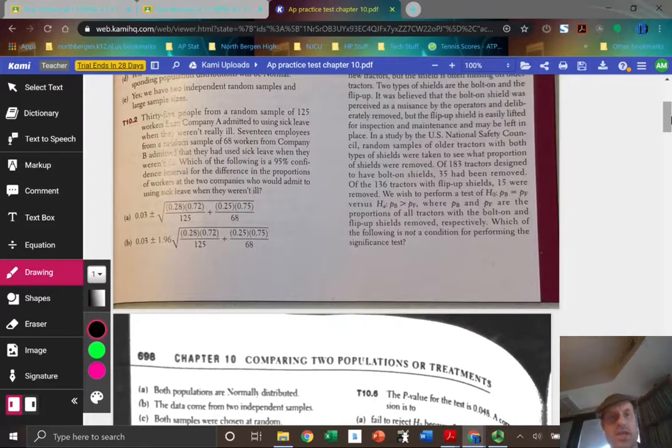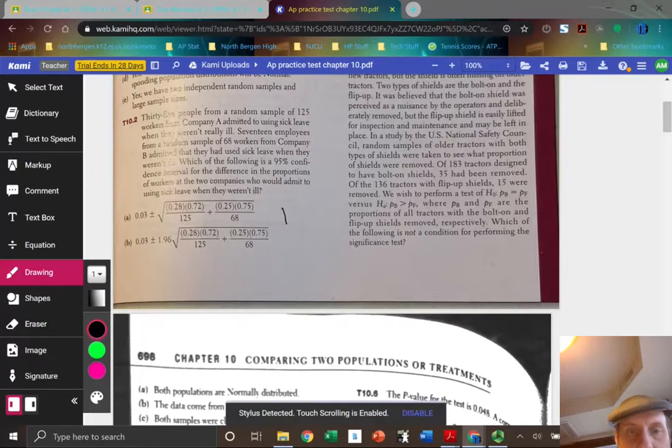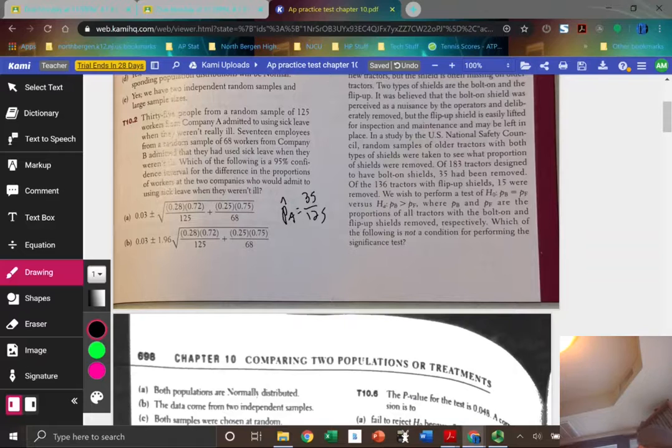Let's just annotate this. We first have 35 people out of 125 admitted to using sick leave from company A. So I'm going to say P hat of company A is 35 over 125, and that comes out to 0.28.